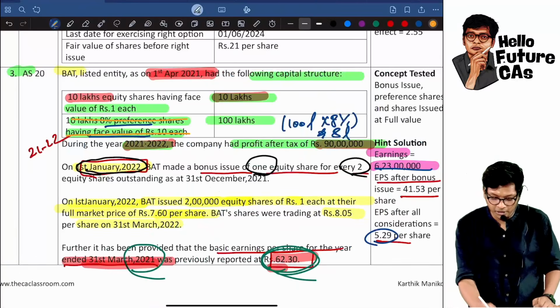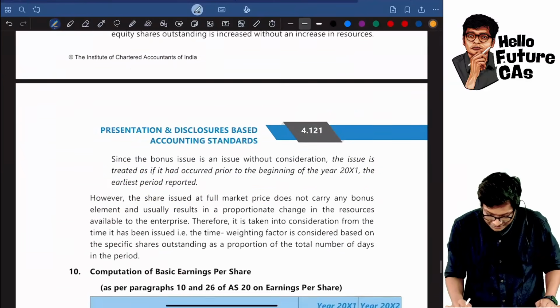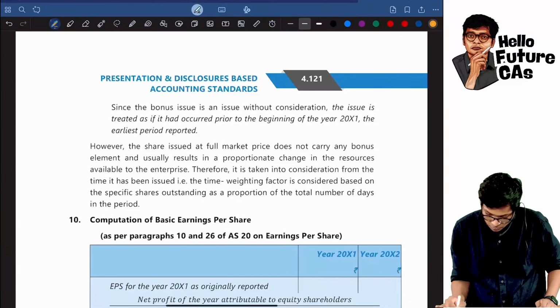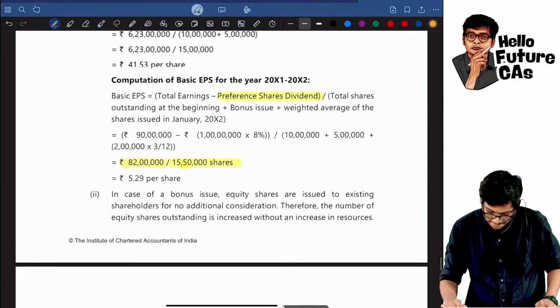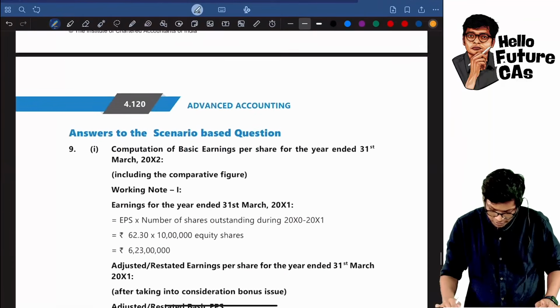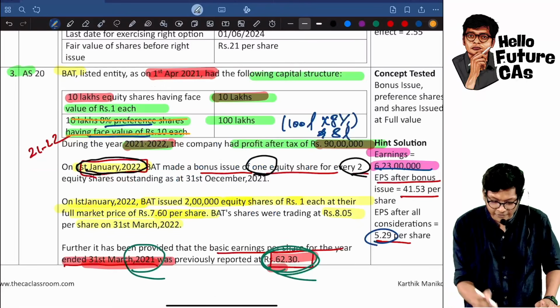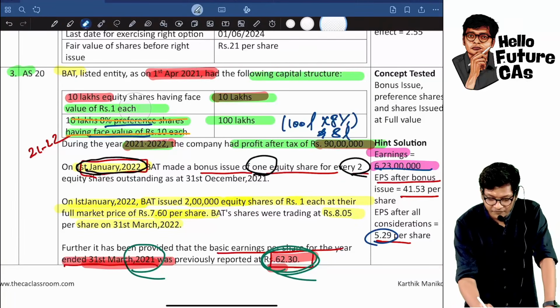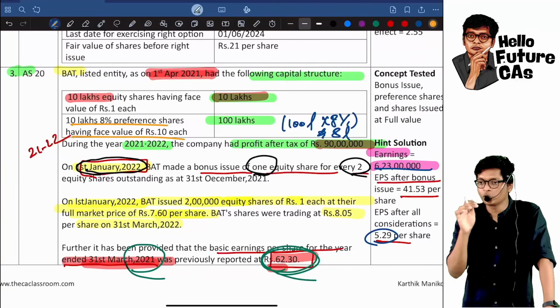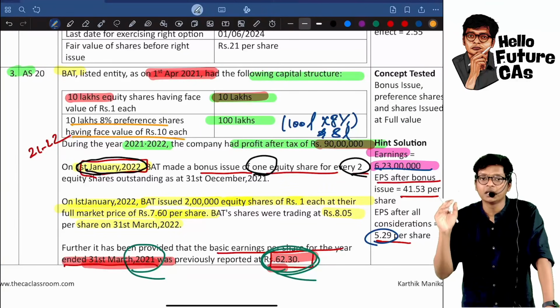Don't worry about it, but let me just check in the study mat. Have they anywhere given any assumption? No. Okay, you can just give a note. For safety, whenever a conflicting thing like this comes, reduce the preference dividend and give a note: it is assumed that these are cumulative preference shares.